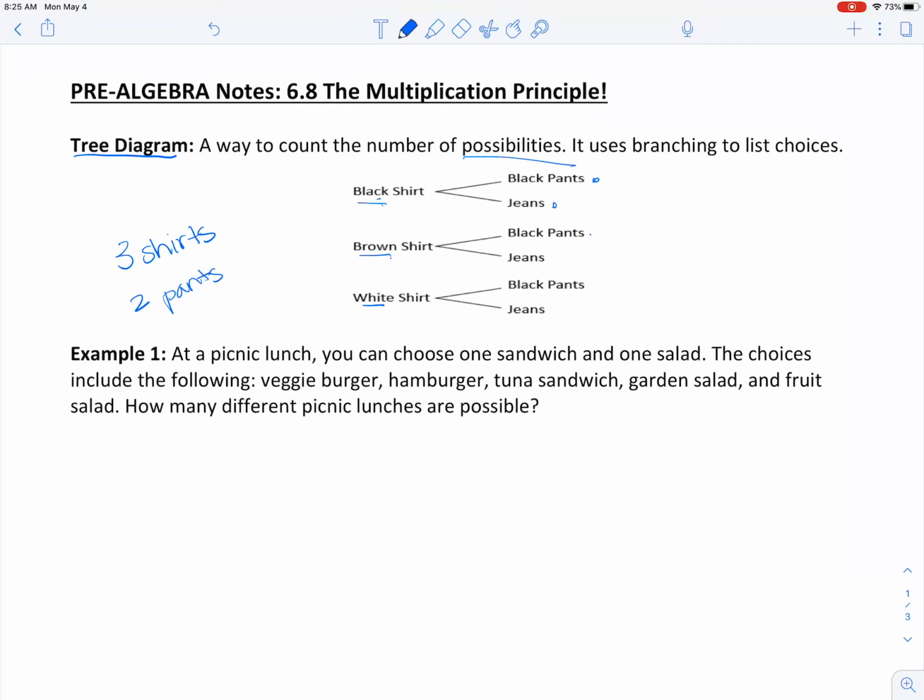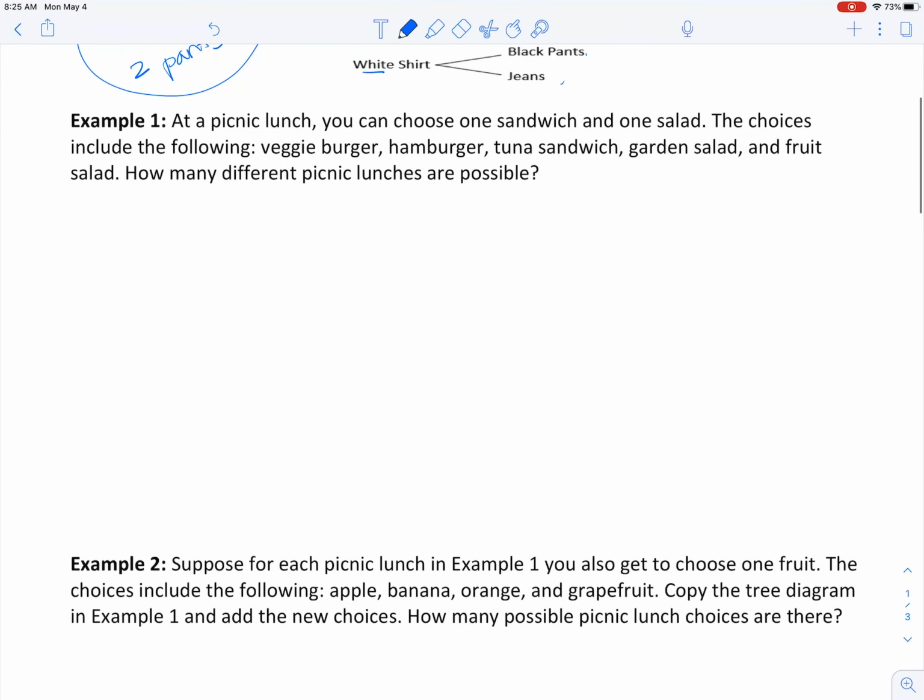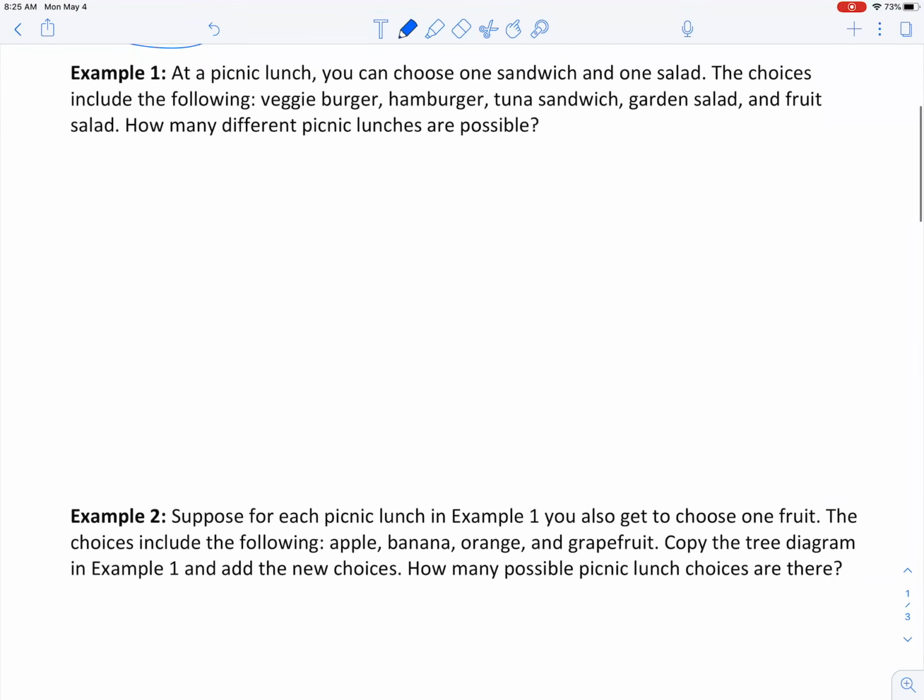I could wear my brown shirt with black pants or my brown shirt with jeans. And same thing, white shirt with black pants and white shirt with jeans. So how many different possibilities are there? Well, there's 1, 2, 3, 4, 5, 6 possibilities for having 3 shirts and 2 pants. So it's a visual way to figure out how many possibilities there are.